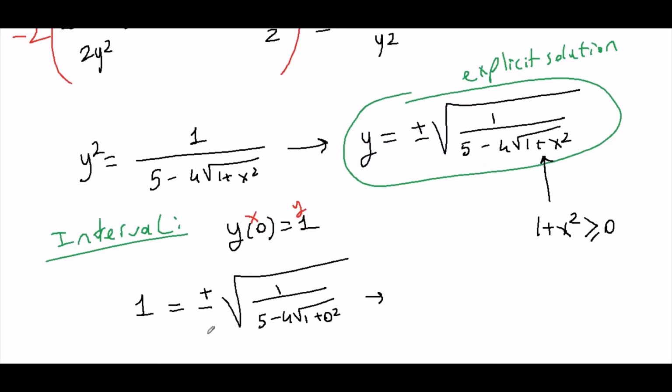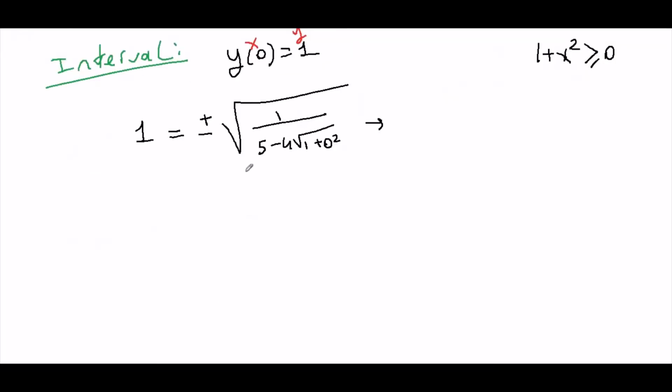So here we obtain 1 is equal to plus or minus... the square root of 1 is 1. 4 times 1 is 4. 5 minus 4 is 1. 1 divided by 1 is 1. And the square root of 1 is 1. So we need to accept the plus sign because we have positive 1 on the left. So our solution is the plus.